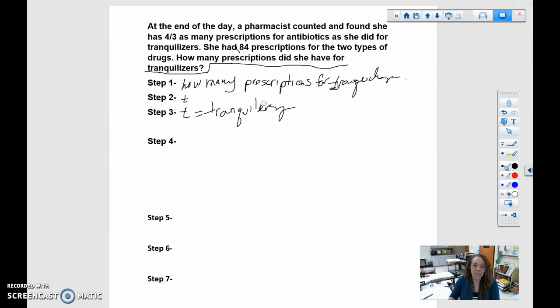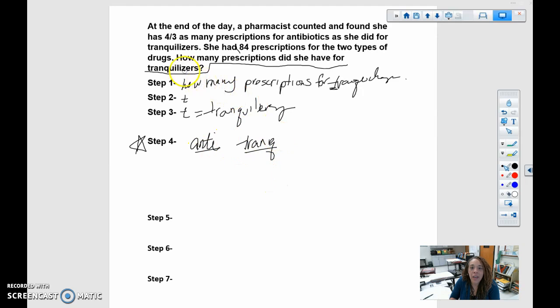Okay, so step 4, this is the one that's usually the most tricky for every person because now you have to rationalize what is going on here. So what we do know is that there's 2 kinds of prescriptions. There's antibiotics, so I'm going to put anti. And there's tranquilizers, so I'm going to put trank. Those are the 2 together.